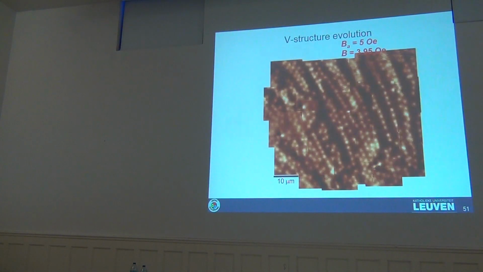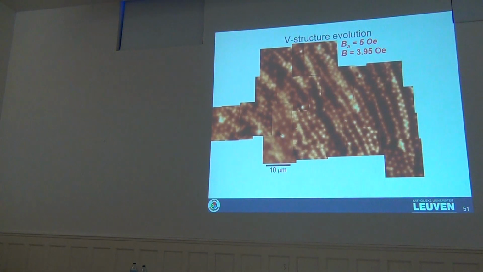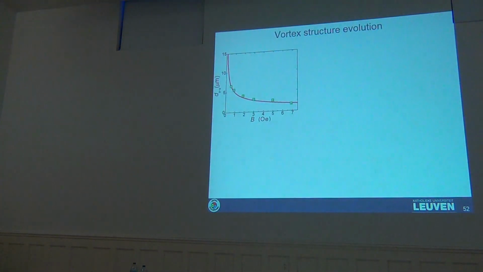Okay, so that was actually that point on type 1.5, and then you can analyze the evolution of these patterns with magnetic field. This is what you expect for vortex in type 2 distance, and then what we have observed here.